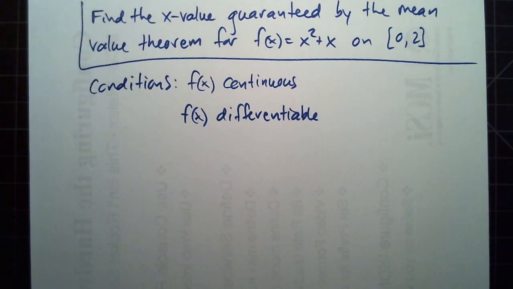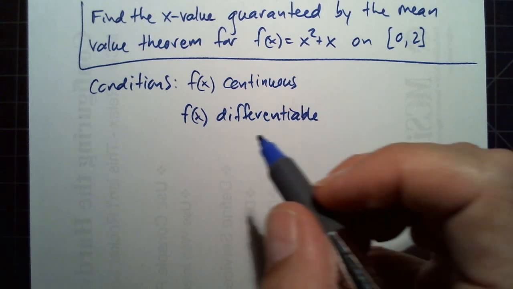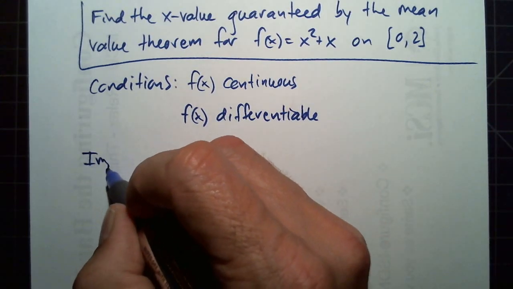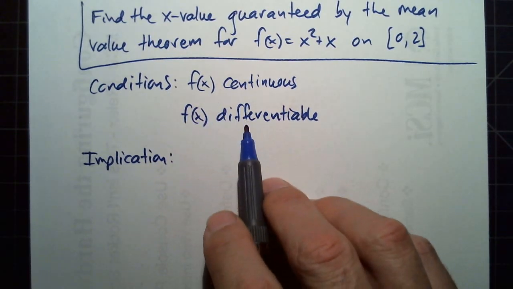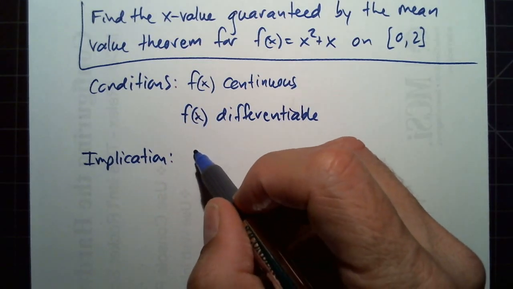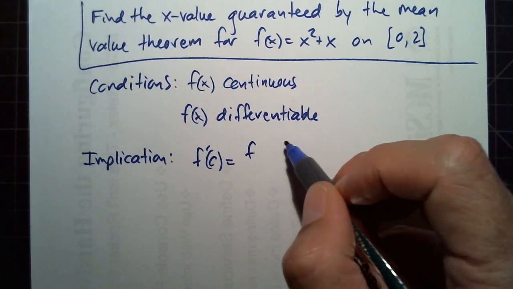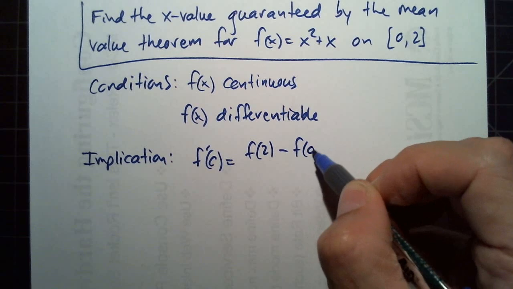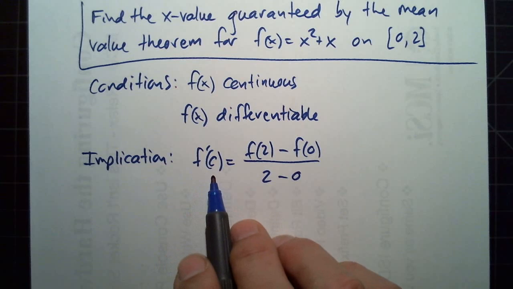Because it meets the conditions, there must be some value c such that, these conditions imply that f prime of c is equal to f of 2 minus f of 0 over 2 minus 0. The slope of the secant line is equal to the slope of the tangent line for some value of c.